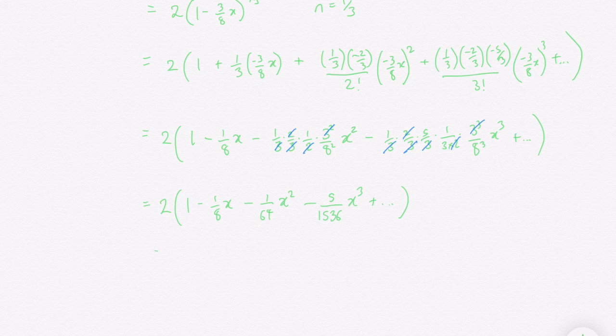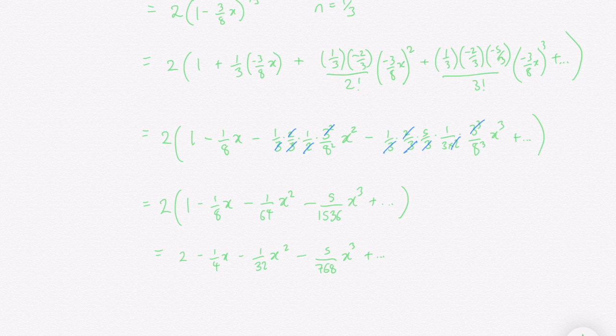And then if we expand out that bracket, we get 2, subtract 1/4 of x, subtract 1/32 x squared, subtract 5/768 x cubed, plus our remaining terms.